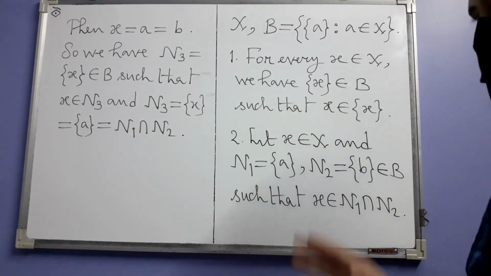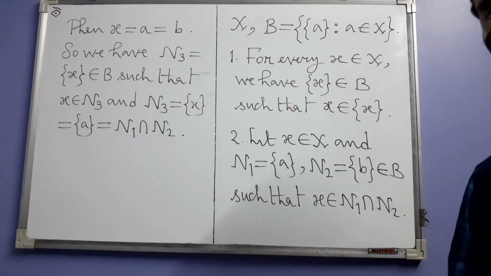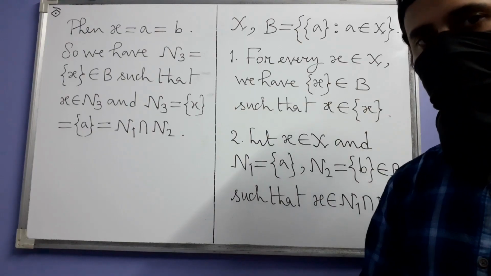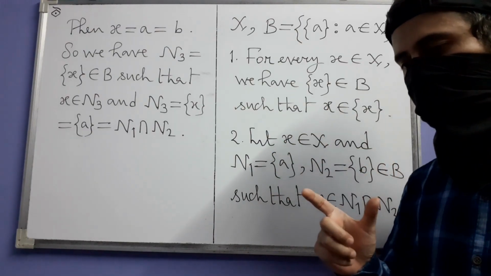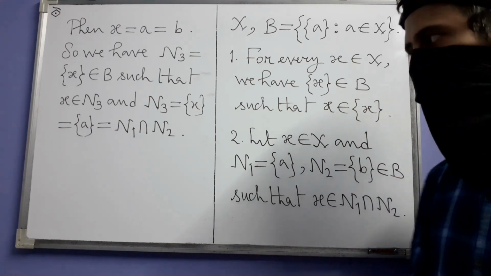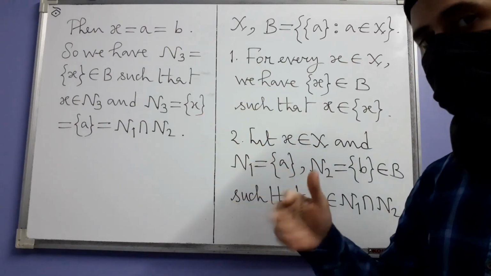So yes, this really is a legitimate basis for some topology on X. But why is that topology the discrete topology? Recall the definition of discrete topology. The discrete topology is the collection of all subsets of X. So that means that this will generate that topology.